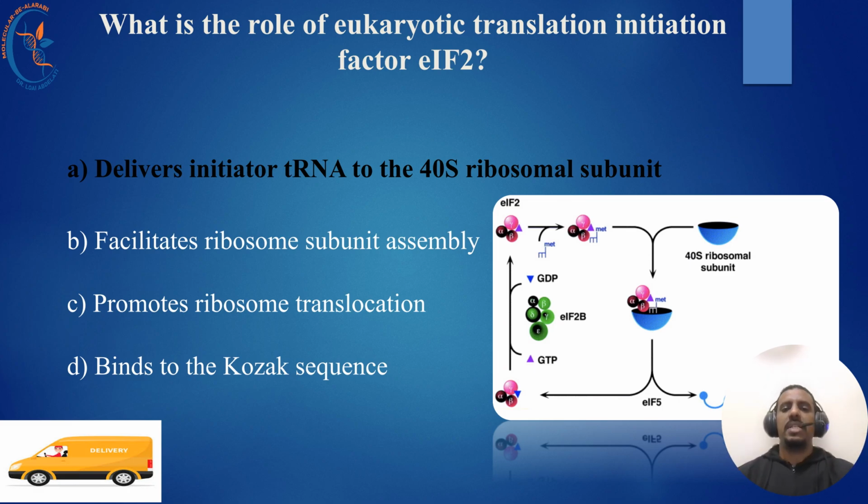Think of eukaryotic translation initiation factor 2 as the delivery truck that brings the first transfer RNA, which carries the starting amino acid methionine, to the small ribosomal subunit. All right? So this step is crucial for starting the translation process correctly.